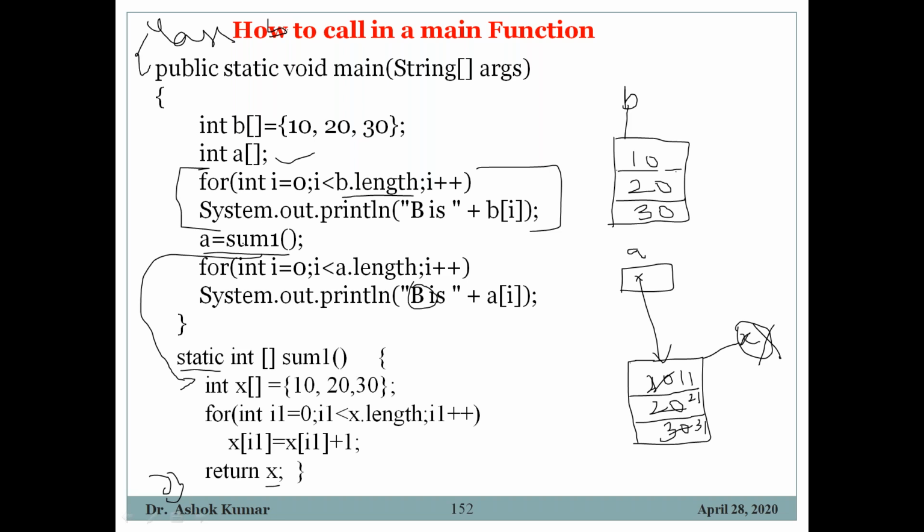We are calling sum directly from main, so this sum should be static. That's why we have attached the static keyword here. I repeat, any static method of a class can access only the static members of the same class, right? So this is all about this program.